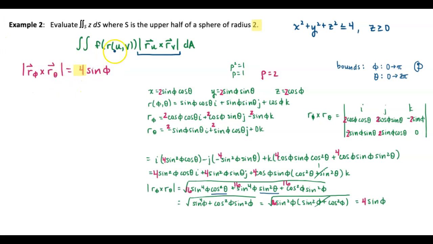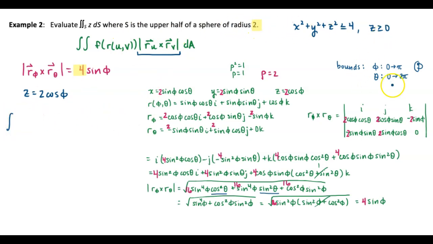And so now that we've got this, the rest of the problem is relatively simple. Well, we know that z is just equal to rho, which is now 2, times the cosine of phi. And so we just have the double integral.